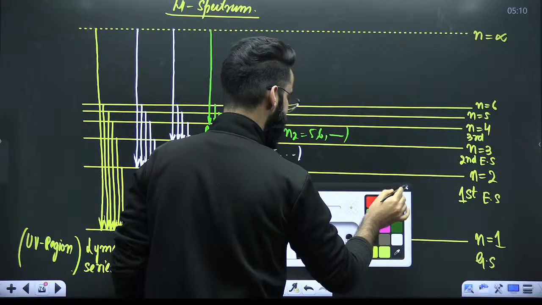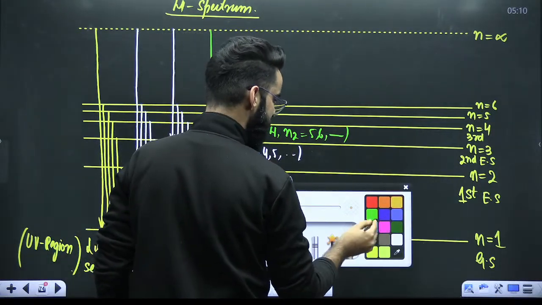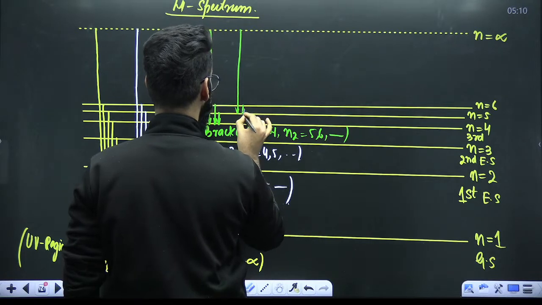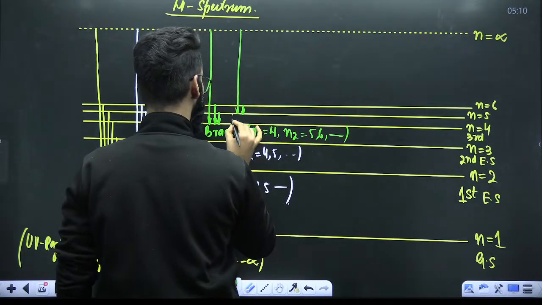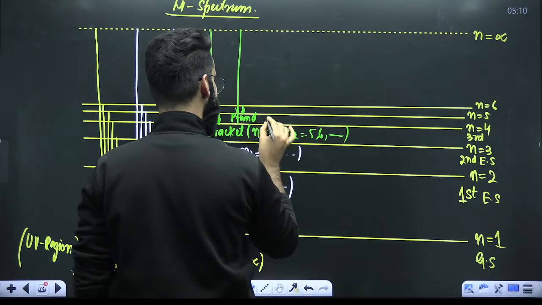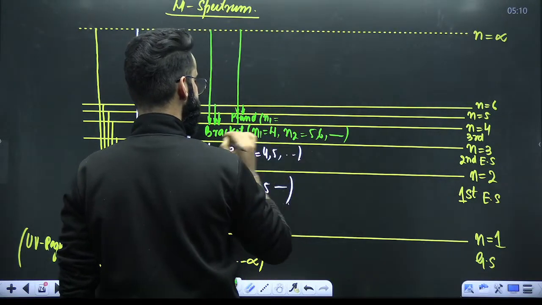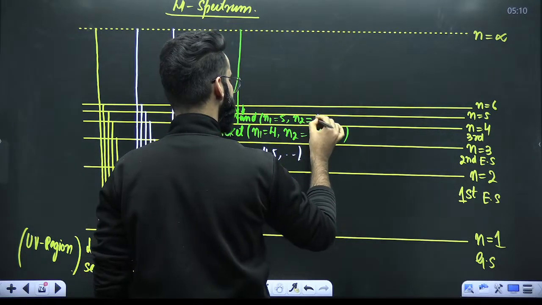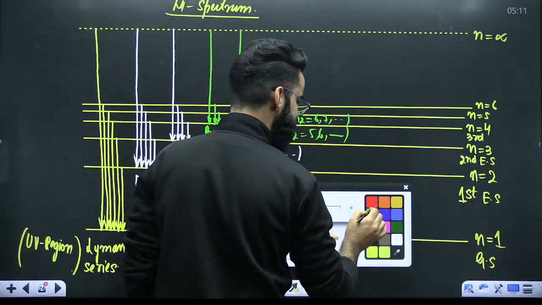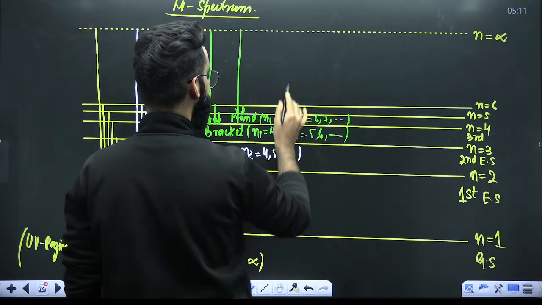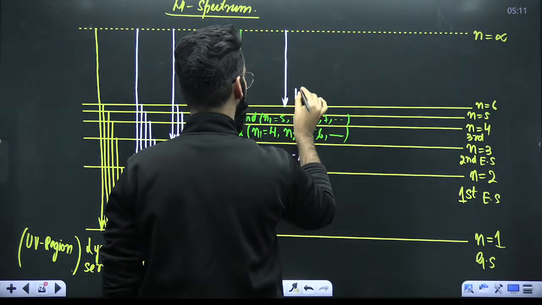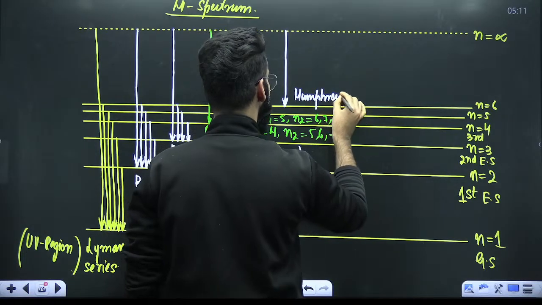And at the end, when the electron makes a transition from a higher energy state to shell number 5, you get a series of lines again, which you call the Pfund series. In the Pfund series, the lower energy state is 5, and the higher energy states can be 6, 7, 8, etc. Similarly, when the electron makes a transition from a higher energy state to shell number 6, you again get a series of lines, which you call the Humphreys series.